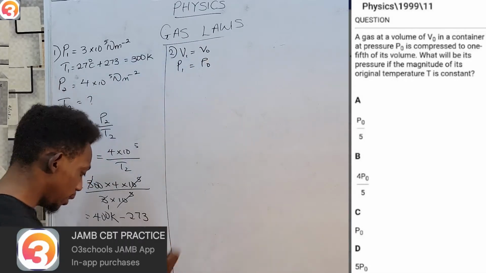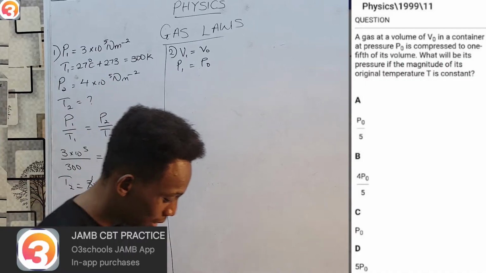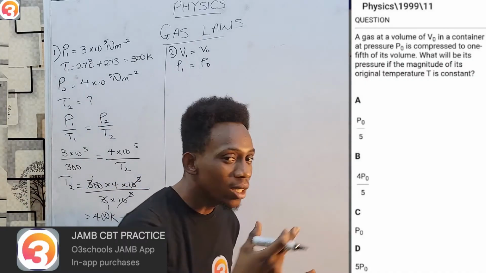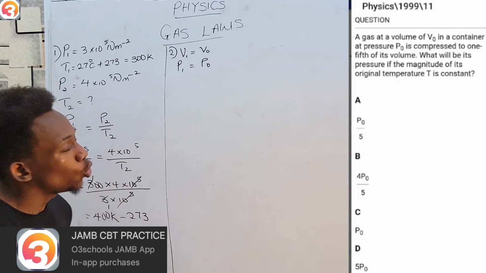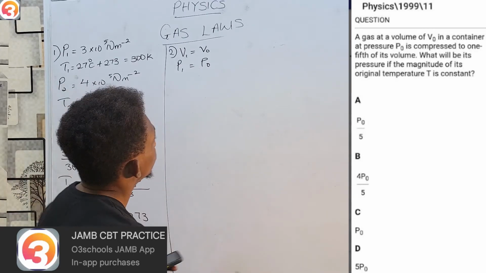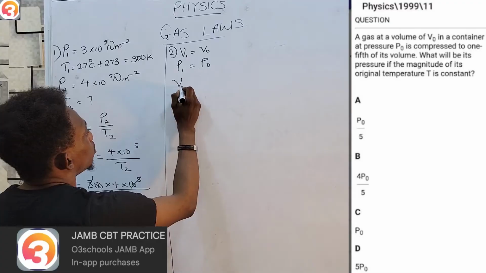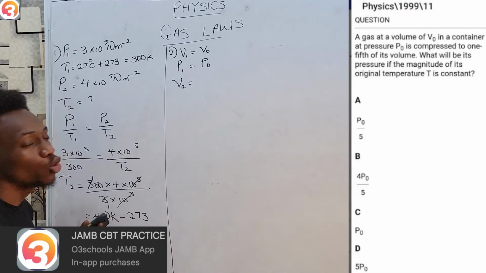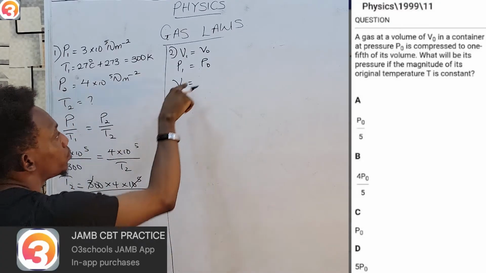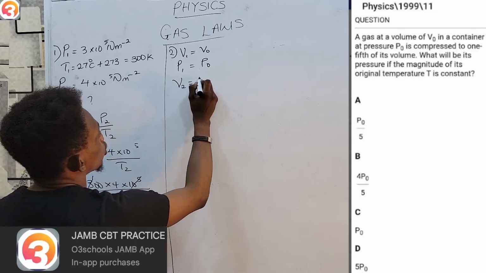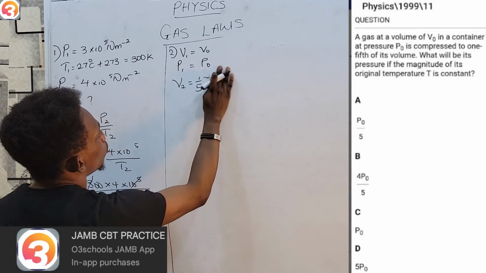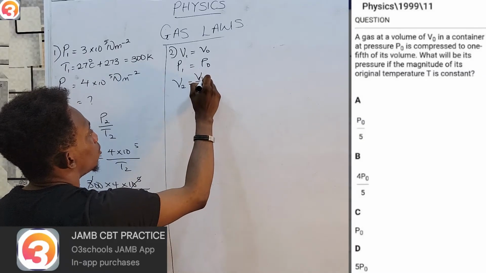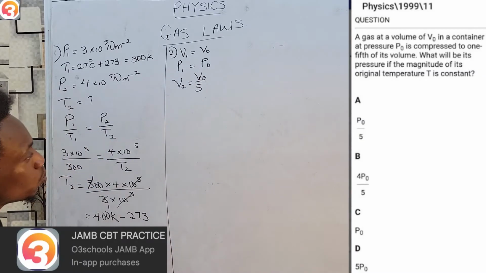First pressure is not P0 the biscuit, more like P subscript 0. Okay, it is compressed to 1/5 its volume. That means my V2 is going to be compressed to 1/5 of what was there before. That means 1 over 5 times V0, which as you are aware, V0 will multiply 1 to become V0 over 5.